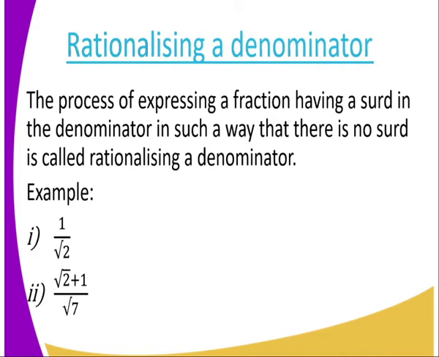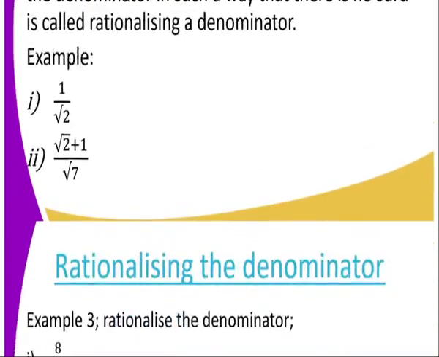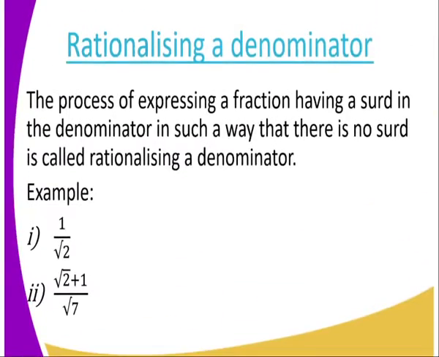For example, I have a surd there, 1 divided by surd 2, and surd 2 plus 1 divided by surd 7. We want to ensure that surd 2 is not there. So what do we do? We multiply by the surd on both the numerator and the denominator. In that case, you multiply the numerator by surd 2 and the denominator by surd 2.